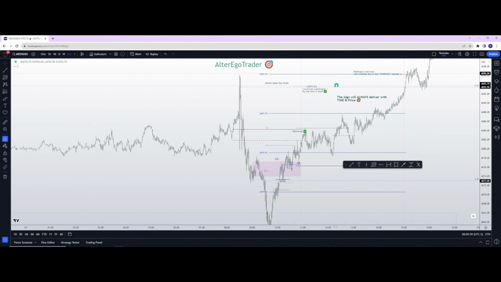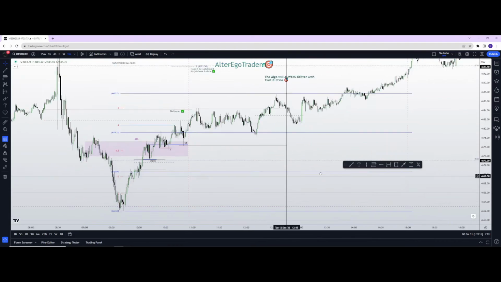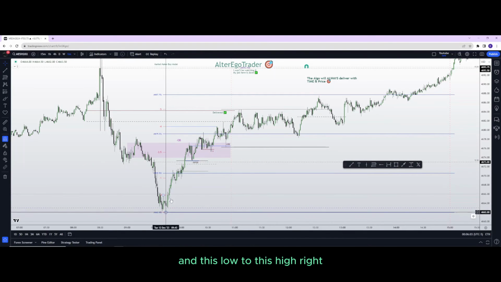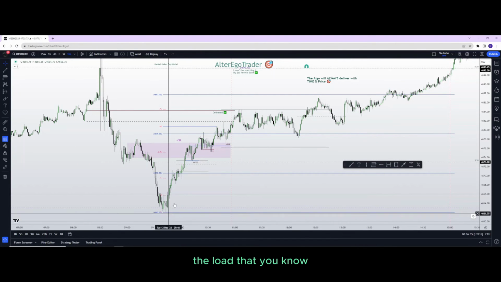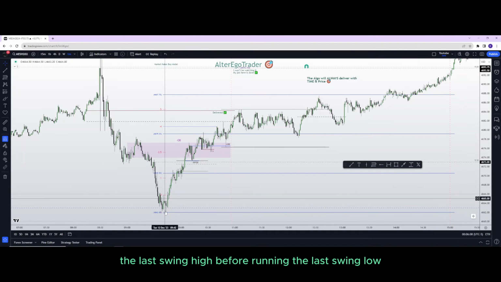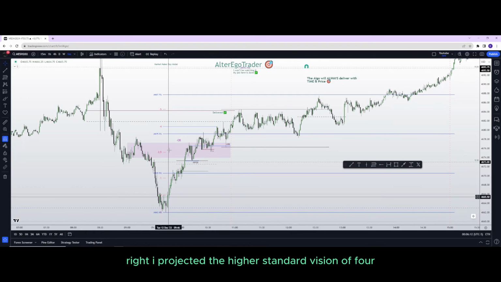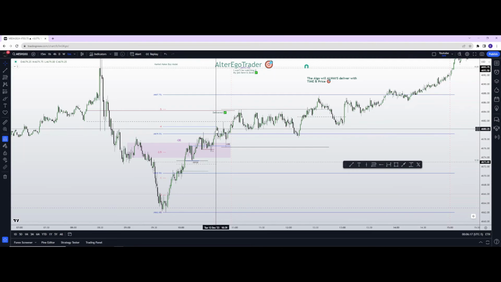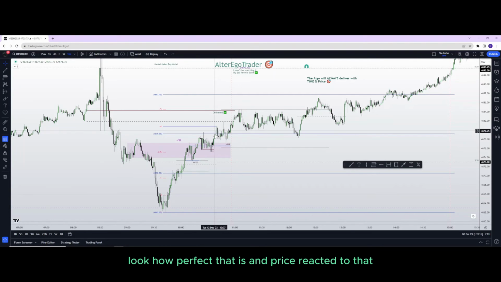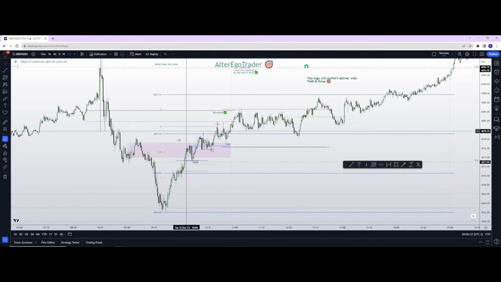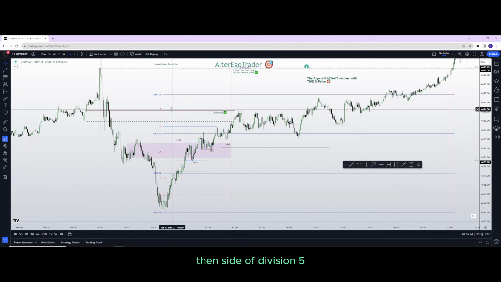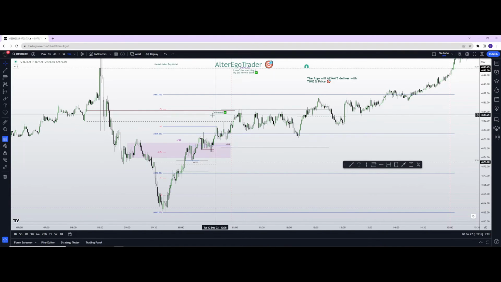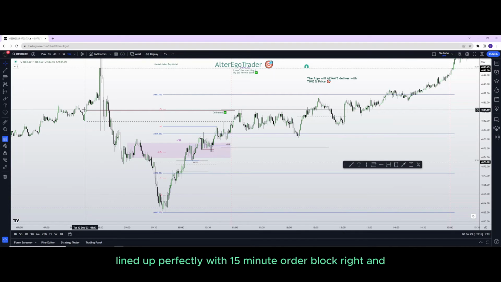From this low to this high, the last swing high before running the last swing low, I projected the higher standard deviation of 4. Look how perfect that is, and price reacted to it. Then standard deviation 5 lined up perfectly with the 15-minute order block.